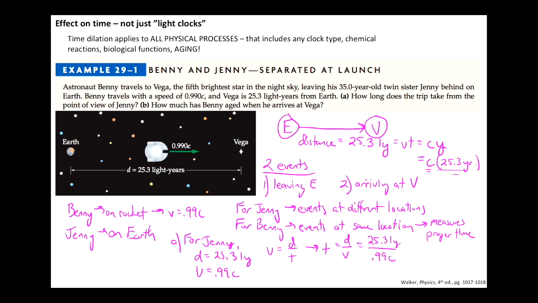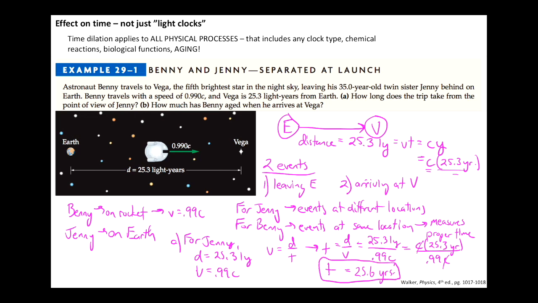But now we have a little bit of an issue with units, so I'm going to rewrite this the way I did above when describing light years: c times 25.3 years is the distance, and then we have 0.99 c in the denominator, and now the c's can cancel out, and we've just got something easy left in years. 25.3 divided by 0.99 is 25.6 years. That's depressing.